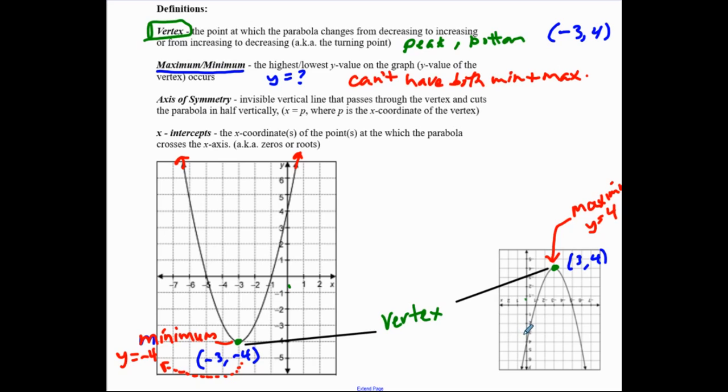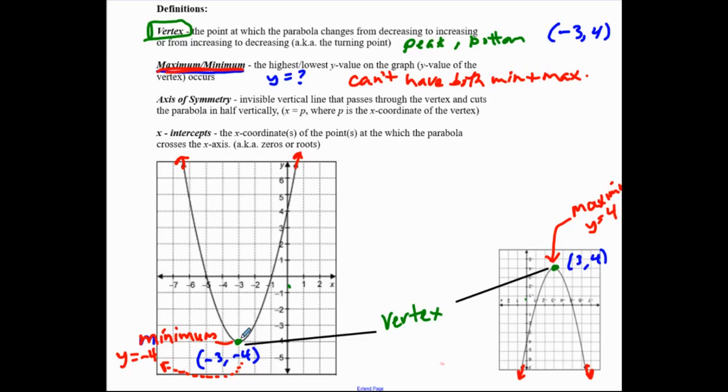And here, like when we kick a ball, the ball goes up, hits a maximum height, and then goes down. But these downward lines go forever, so there's no minimum. So you can't have both. You have to have a max or a min, and it's basically the bottoming out or the peaking.